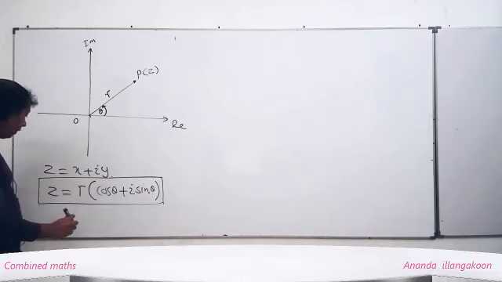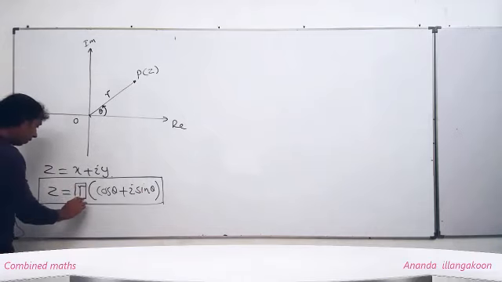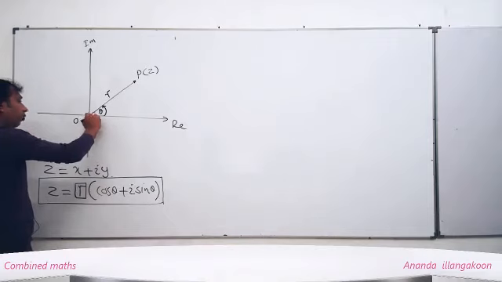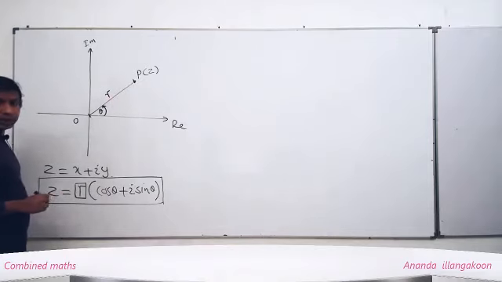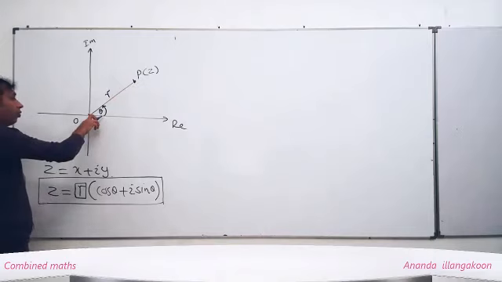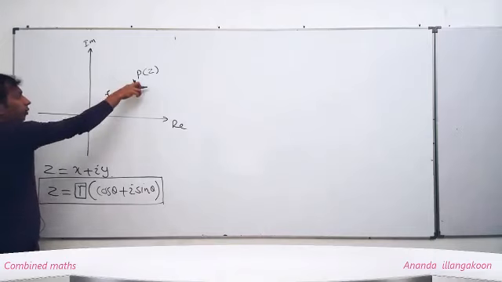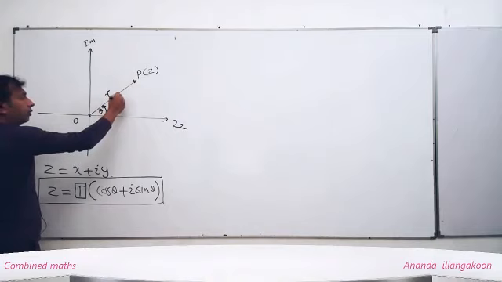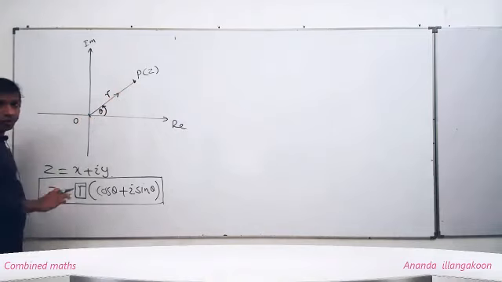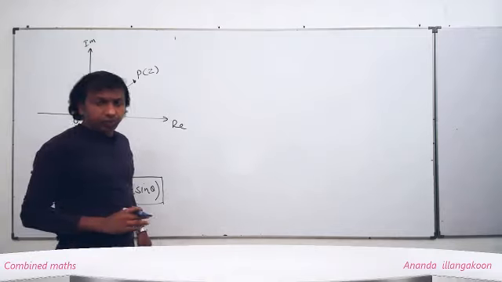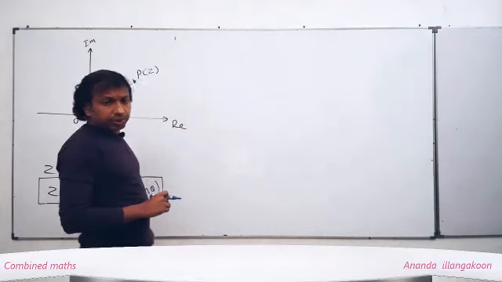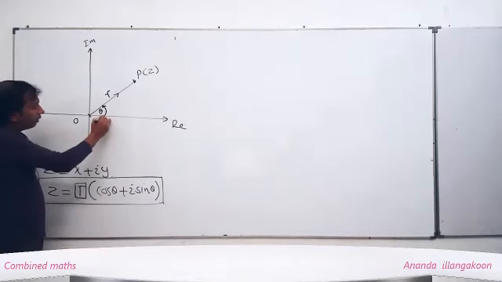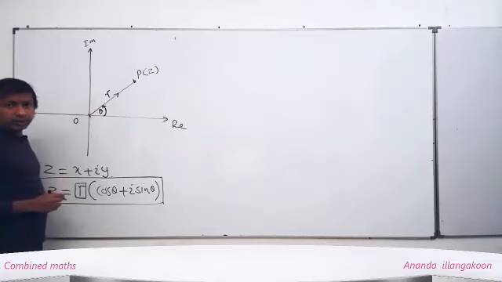The first property is the length of the line segment from O to this P. The other thing is, when we go from O to the point P and put in the arrow like this, the line segment going away from O up to the point P makes an angle theta, measured in anticlockwise, with the real axis.